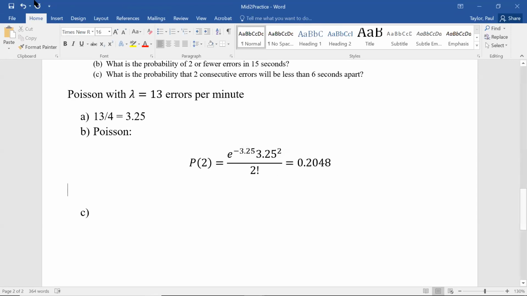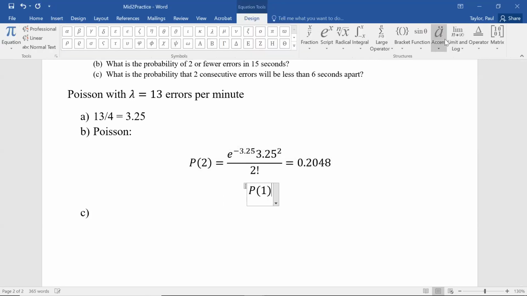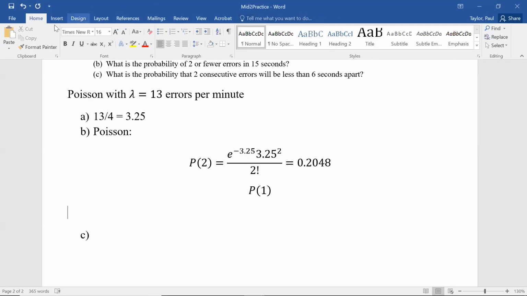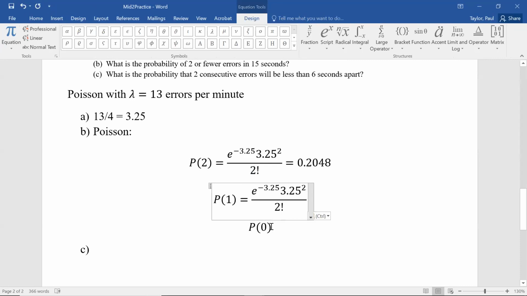Now we're not done with part B because it says 2 or fewer errors. That means we're looking for 2 or 1 or 0. So we have to do the probability of 1 and the probability of 0 as well. Change these to 1s and these to 0s.